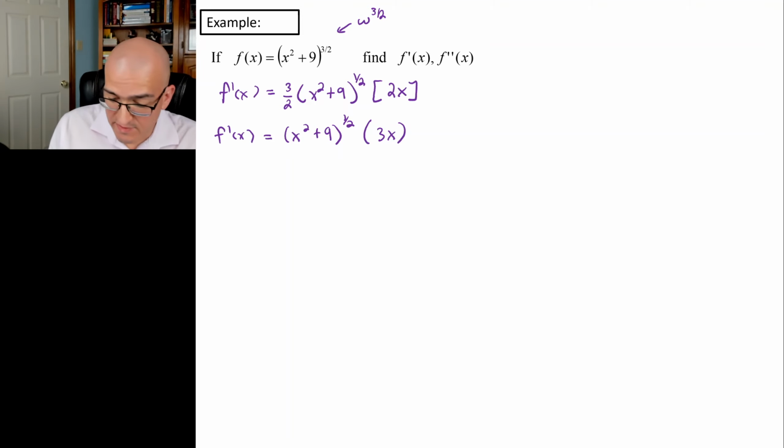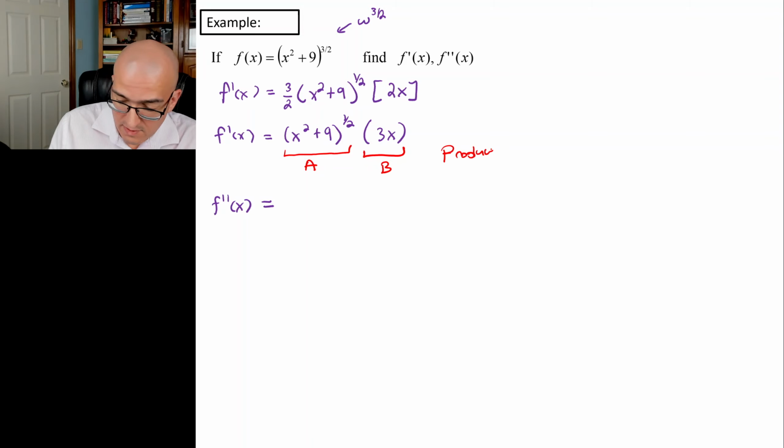Now for the second derivative, we have to use what rule? In addition to a chain rule, we're going to have to use a product rule, a times b.